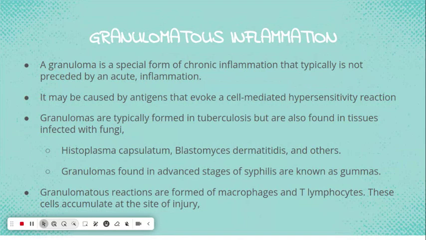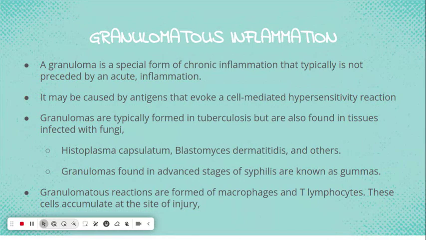That's exactly what we see with tuberculosis. These are typically formed in tuberculosis, but are also found in other tissues that are infected with fungi. So we can see histoplasmosis, blastomycosis, dermatitis, and others. We can also see them in advanced stages of syphilis, and these are gummas.